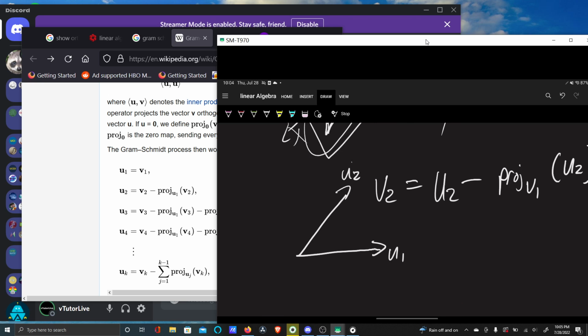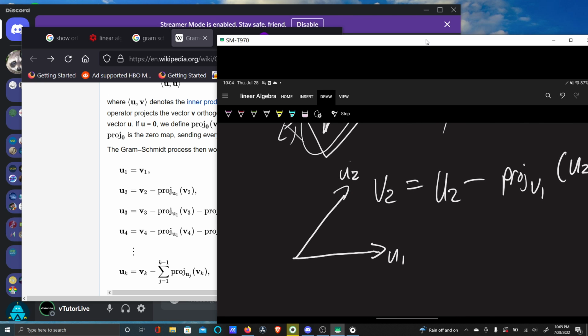Yeah. So what the Gram-Schmidt process is basically doing is it's saying, okay, let's let this horizontal one be U1. Let's keep that in our final set, right? But then as for our other vector, let's try to find this vector and call that our V2. So rather than U2, which is at the skew angle, let's figure out this V2.